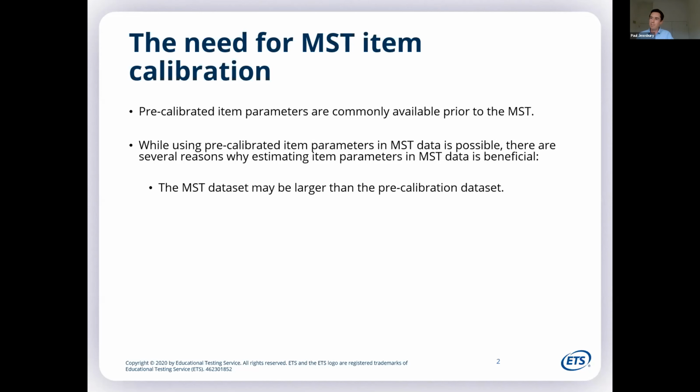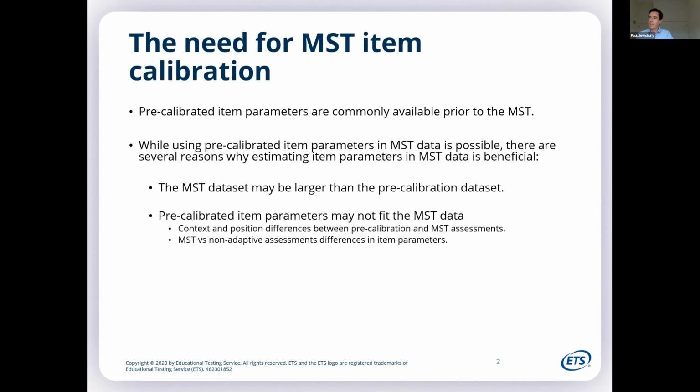Firstly, you may have more data in the MST than you have in the pre-calibration data. This is particularly the case for large-scale assessments such as NAEP and PISA. Secondly, the pre-calibrated item parameters may not fit the MST data, so there could be contextual or position differences between the items in the pre-calibration and MST assessments.